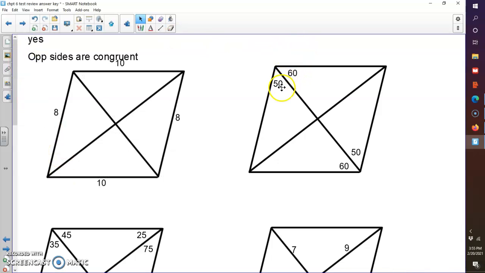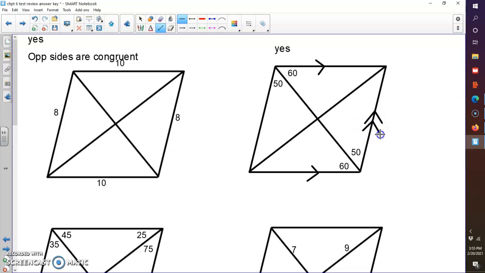Okay. This one right here, we don't want to say alternate interior angles. The alternate interior angles are congruent, but because the alternate interior angles are congruent, what that means is this: 60 and 60 are equal, therefore these sides are parallel. 50 and 50 are equal, these sides are parallel.